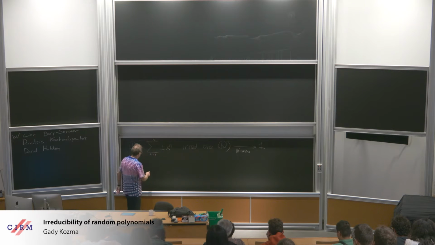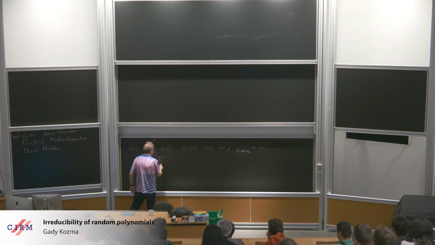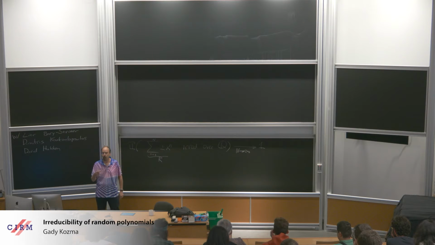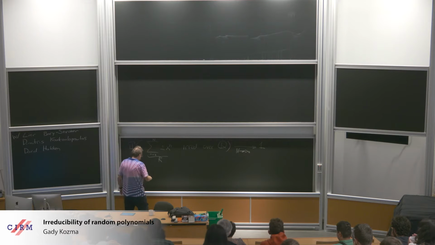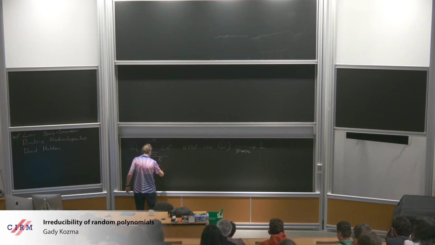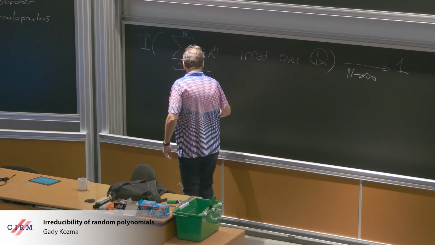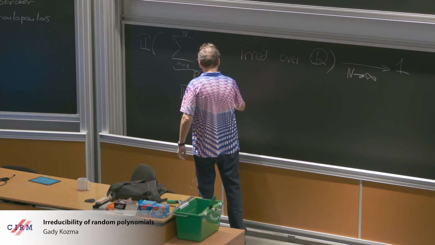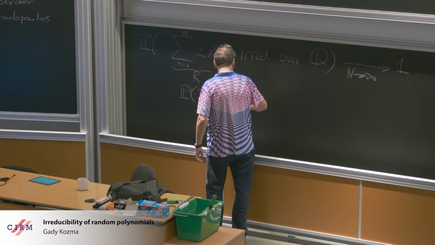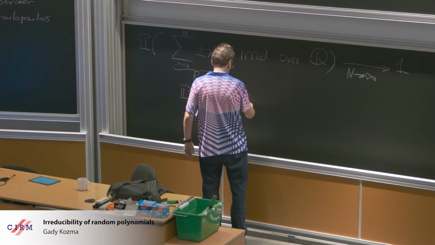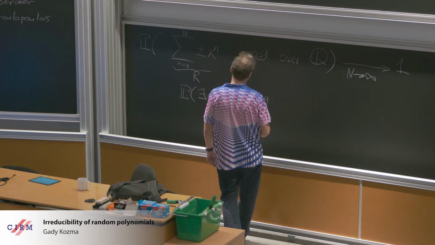Let's call this polynomial R. We want to show that it has, with high probability, no factors. So let's start with degree 1 factors. What's the probability that there exists a rational number q such that x minus q divides R?